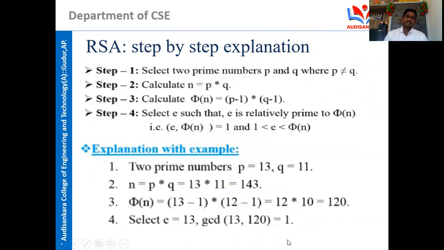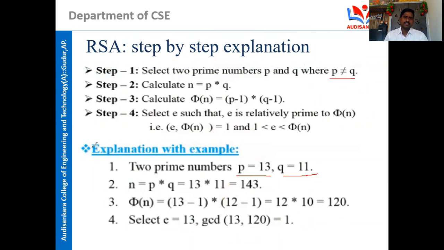Here I am considering two prime numbers, p is equal to 13 and q is equal to 11. Step 1. See here, p is not equal to q, this condition.